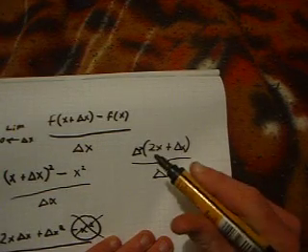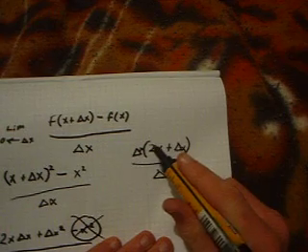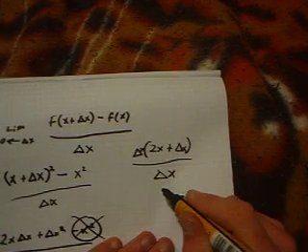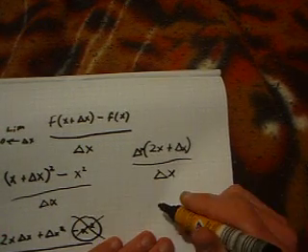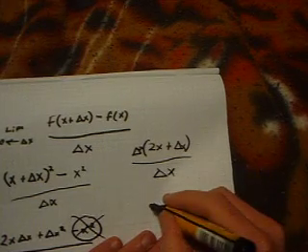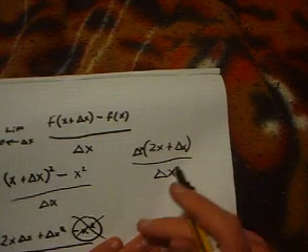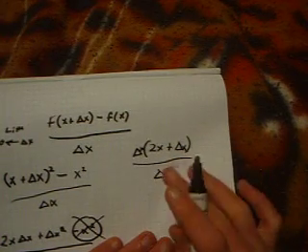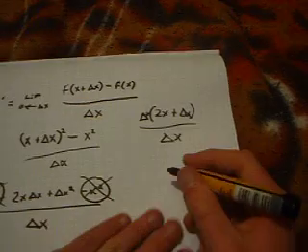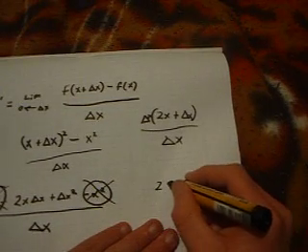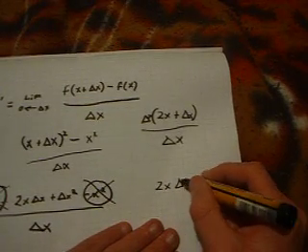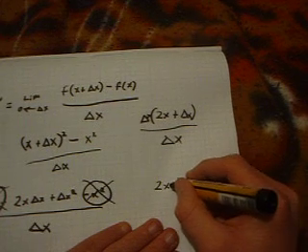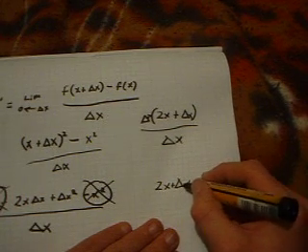Now, since you're multiplying by delta x and then dividing by delta x, they cancel each other out. It basically brings the whole thing to over 1, which we can now remove the denominator completely, which gives us 2x plus delta x.